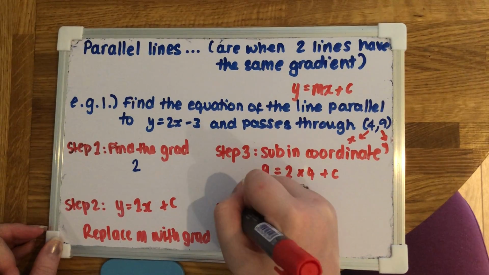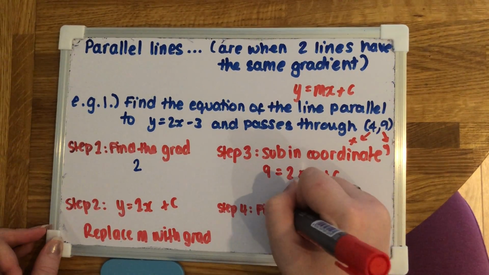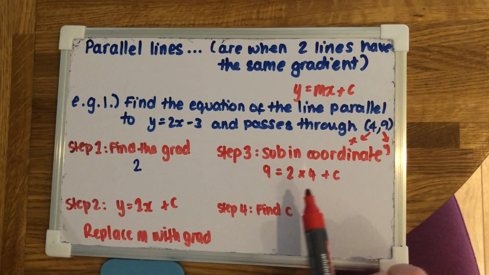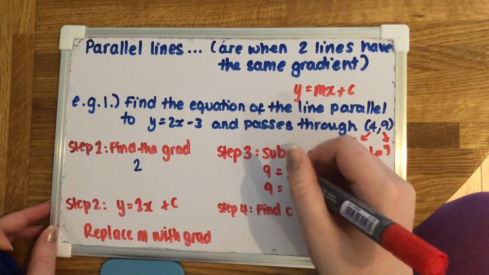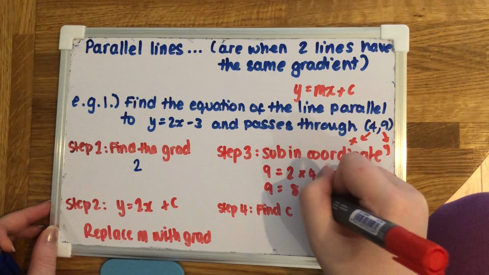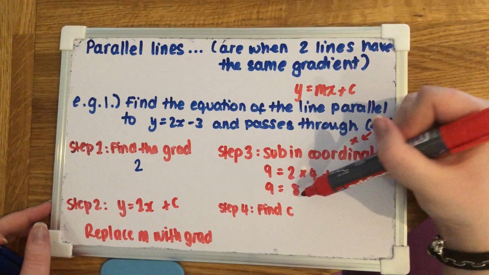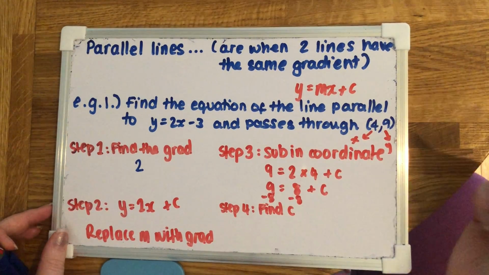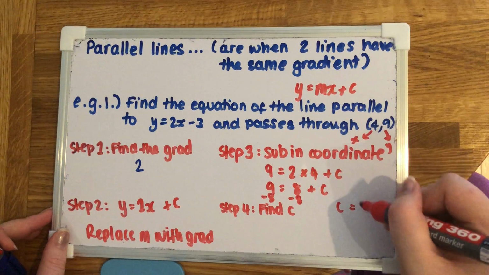So step 4 is find c. Okay, so I'm going to simplify this at the moment. So 2 times 4 is 8. Okay, now we want c on its own. We don't want it to be with the 8, so I'm going to subtract 8 from both sides. Okay, so it's going to give us c is equal to 9 take away 8, which is just 1.